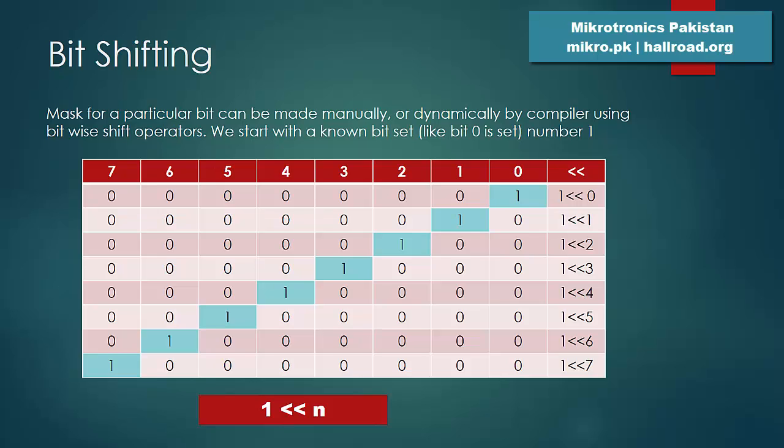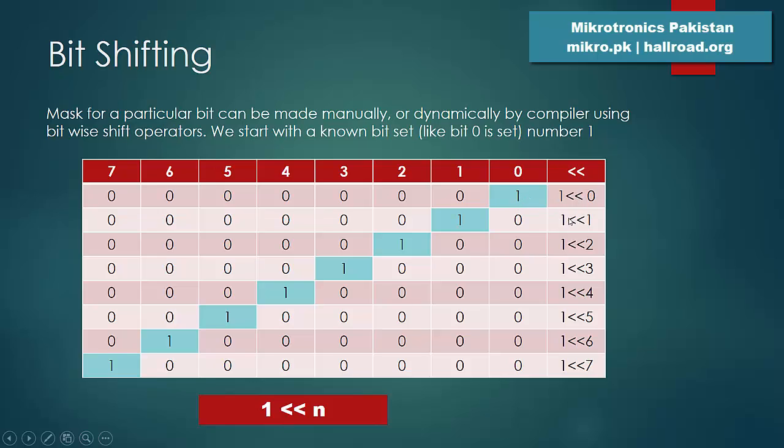Then there is another concept which is used to make the masks: bit shifting. In bit shifting, if you take the standard number 1, in which the 0th bit of the word is logic 1, and you shift it by 0 bits, nothing is shifted and it remains there.